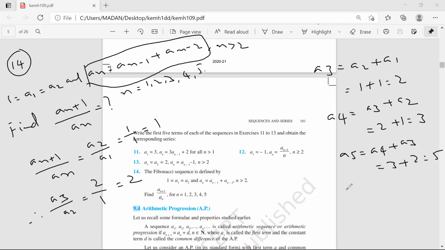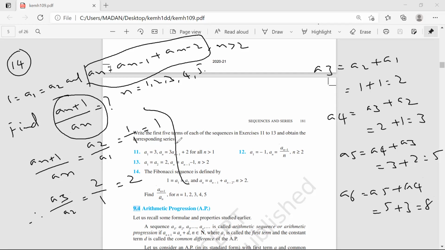Finally, find A6: A5 plus A4, 5 plus 3, 8. Now you can find all the values here. Find An plus 1 by An. Next put A4 by A3: 3 by 2.